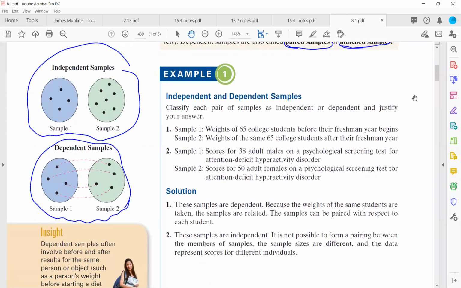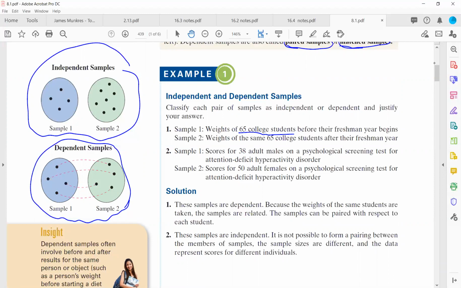Very well. In the first example, sample 1 is the weights of 65 college students before their freshman year begins, and sample 2 includes weights of the same 65 college students after their freshman year.